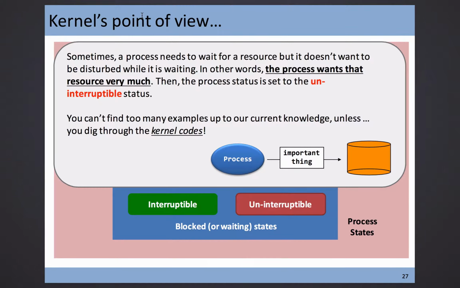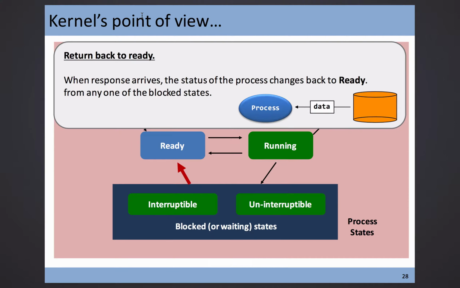It will run from the start to the end and you cannot stop it. Because in the intermediate step, it's hard to define what should go on or not, or whether we unroll all the changes, which is hard. So I can only say that a process doing such intermediate things is in the uninterruptible block state, and usually you will find it goes to ready, seldom immediately to running. Really seldom.